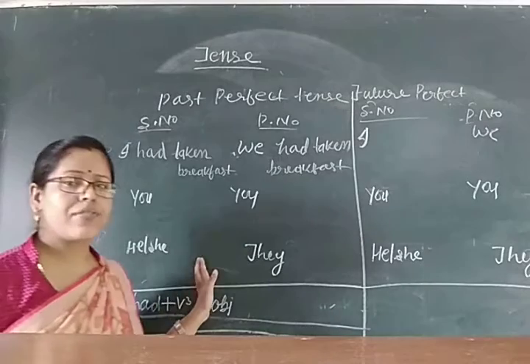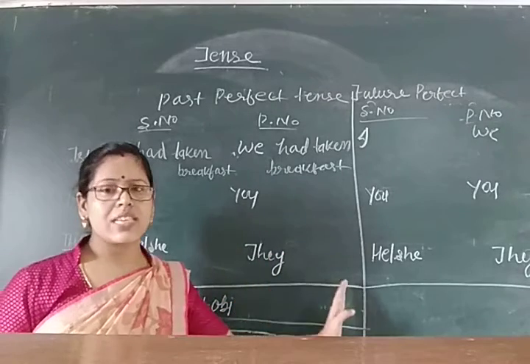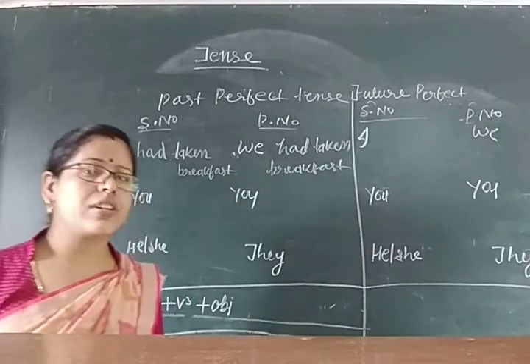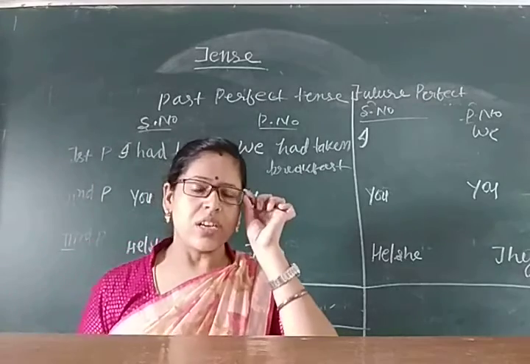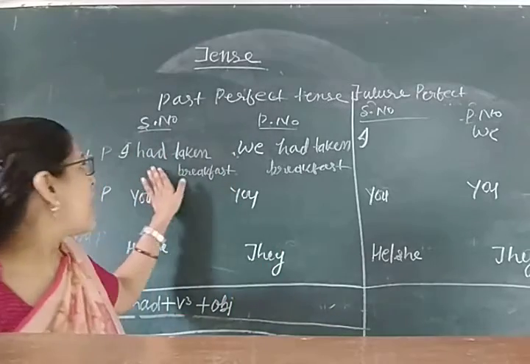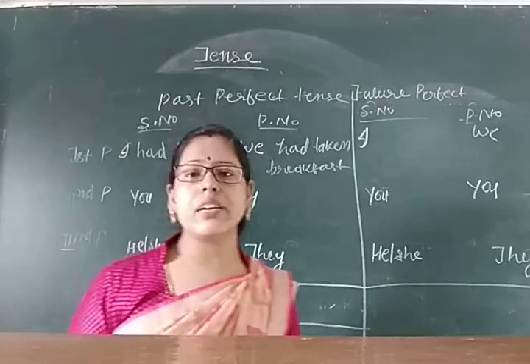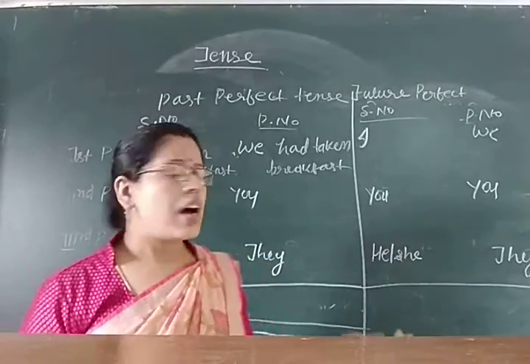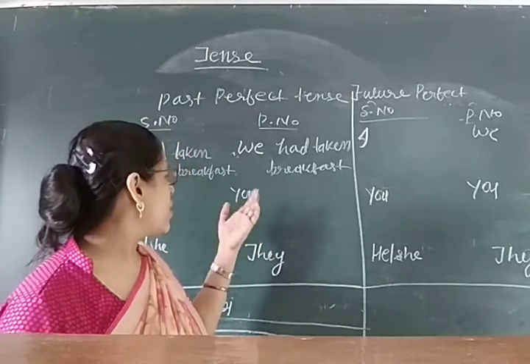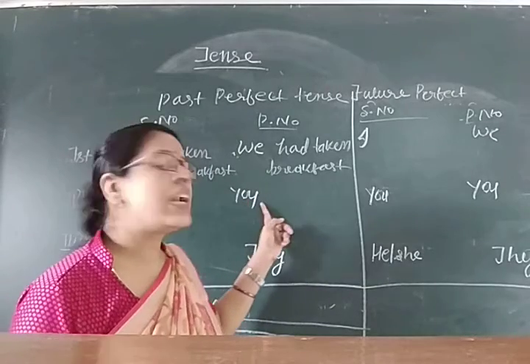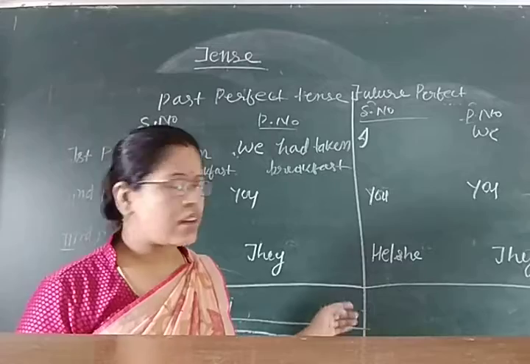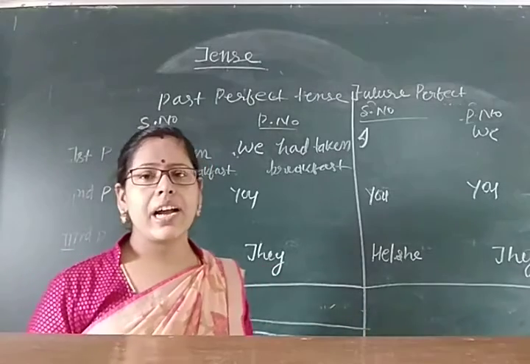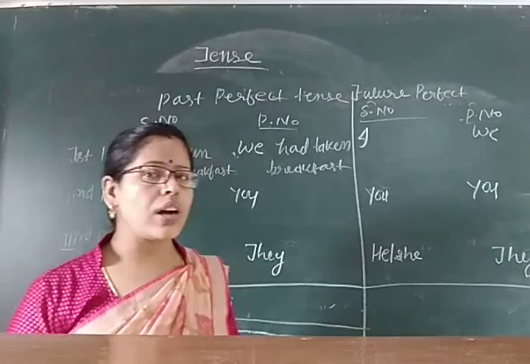She had taken breakfast, and they had taken breakfast. Any verb you can take over here. You can also write here, I had completed my work. We had completed our work. You can say here, you had completed your work. Similarly, they had completed their work.